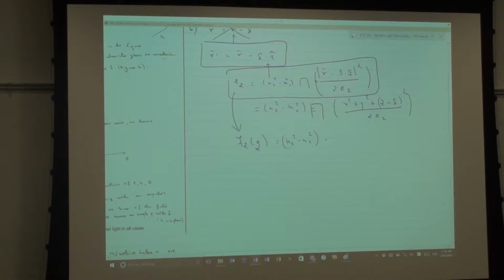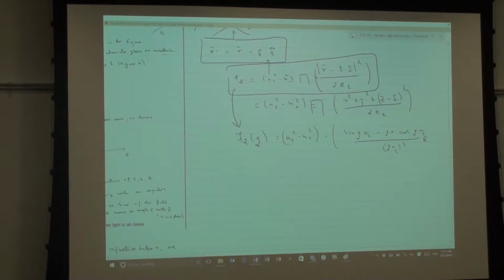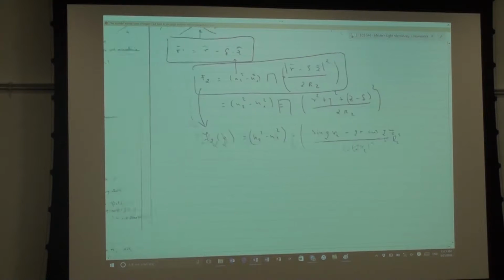And this becomes whatever I had before, that sine of QR minus QR cosine of QR over QR cubed. Yes, and an R cubed here. This should be R2, right? The sphere. So R2 cubed here.